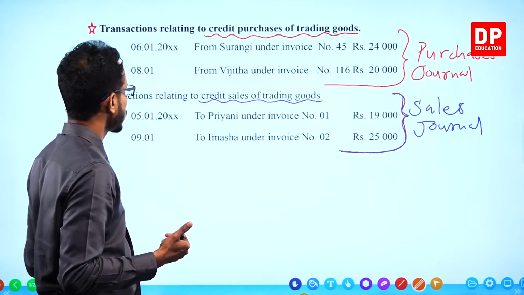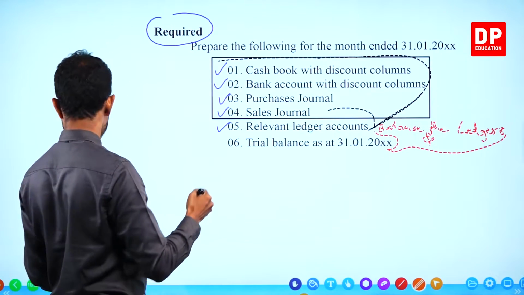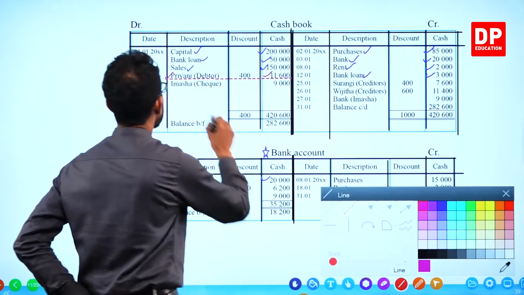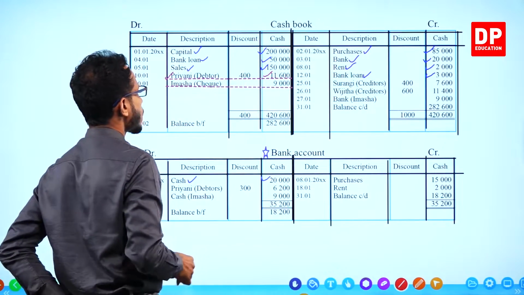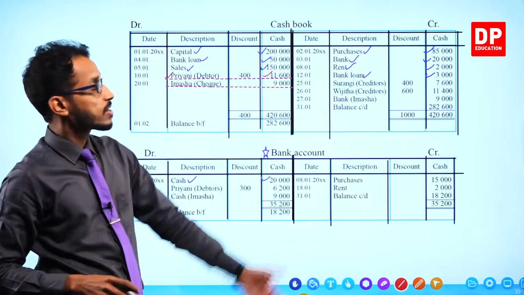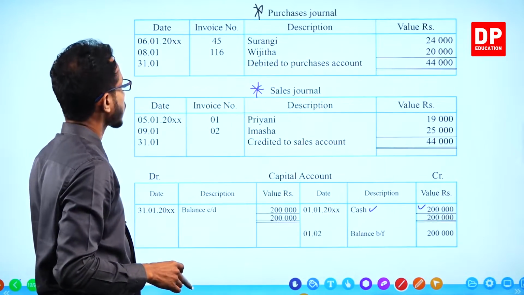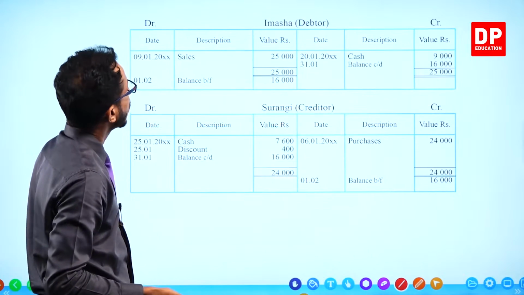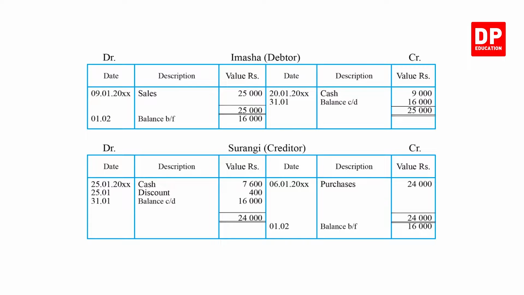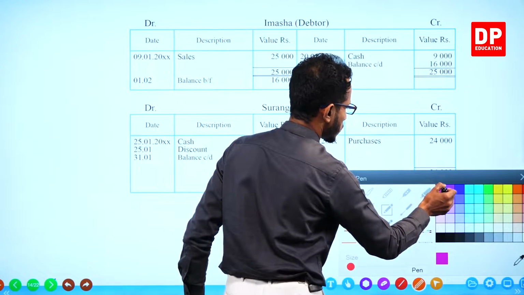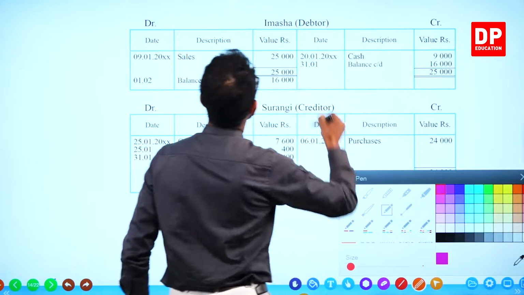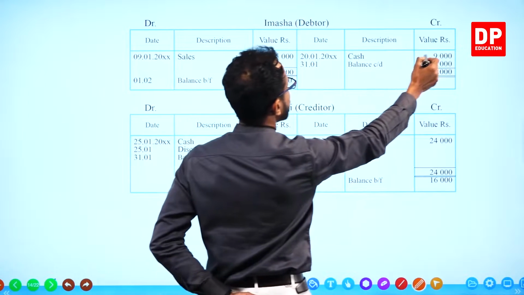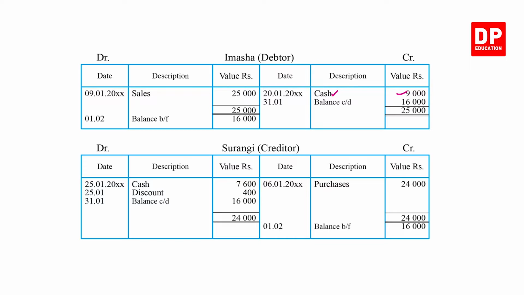Cash comes in, cash book debit. Here you go, Imasha, 9,000. And Imasha's account should be credit. Where's Imasha? Priyani is here. Imasha is there. Credit 9,000.